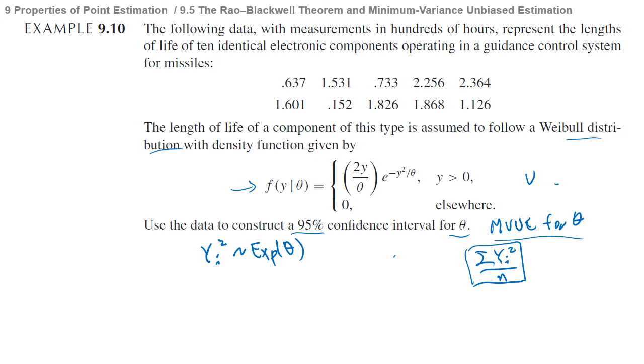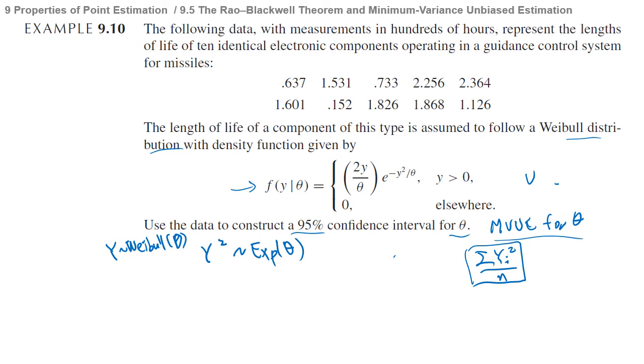If Y follows a Weibull distribution, then Yi squared will follow an exponential distribution with parameter zeta.